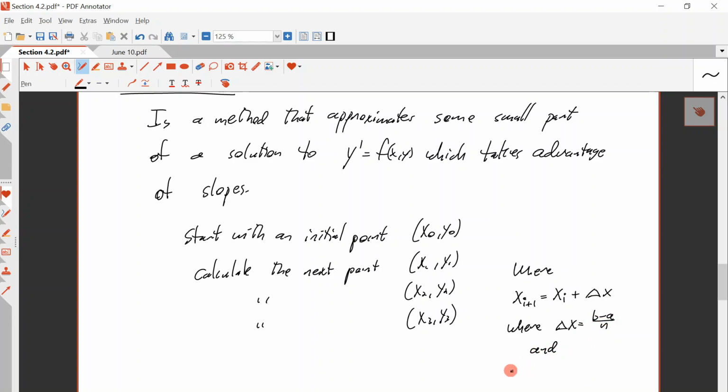And y(i+1), well, what's that going to be? Well, we know the slope, right? It's going to be yi plus the slope f(xi, yi) times delta x.